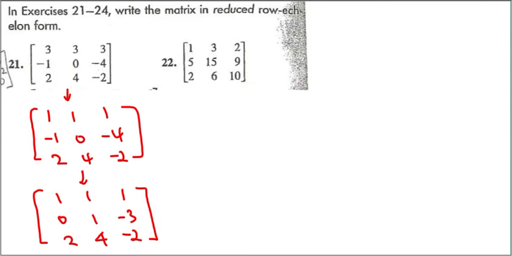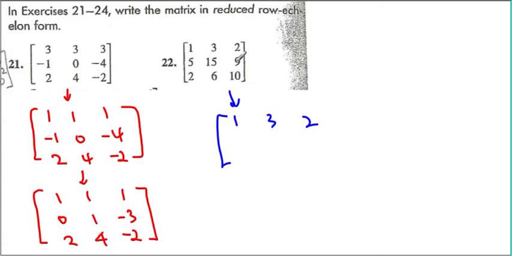How about the second one here? Since the 1 is kept, that's good, we're just going to multiply that by 5 and then subtract it from here. Then I'll be getting 1, 3, 2. Multiply this one by negative 5 becomes negative 5, negative 15, and then negative 10.